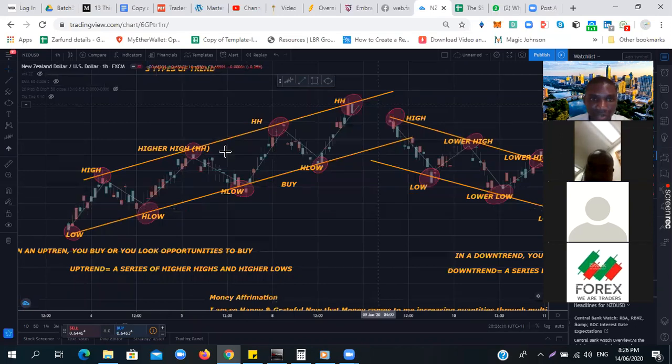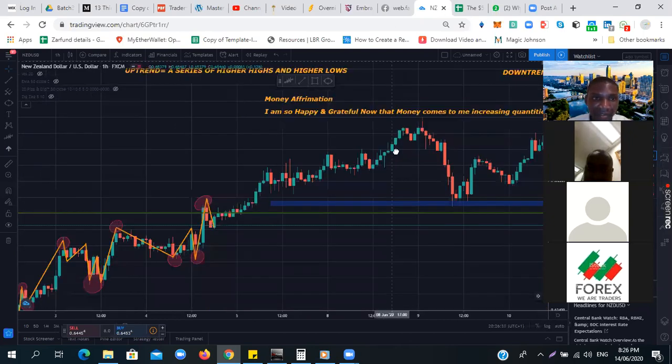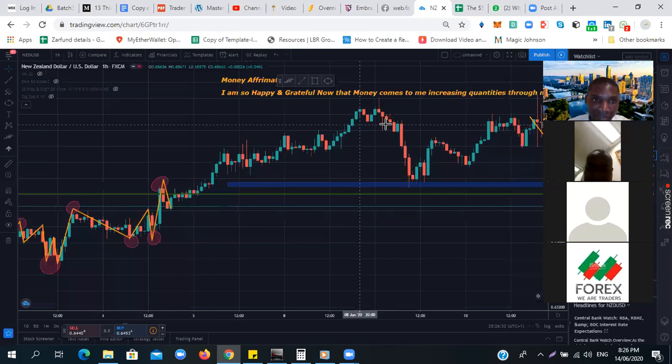This is the definition of an uptrend. This is what we are seeing in the market right now, and the uptrend continues all the way. If we keep marking it up, we will see higher high, higher low, higher high, higher low, higher high, higher low.